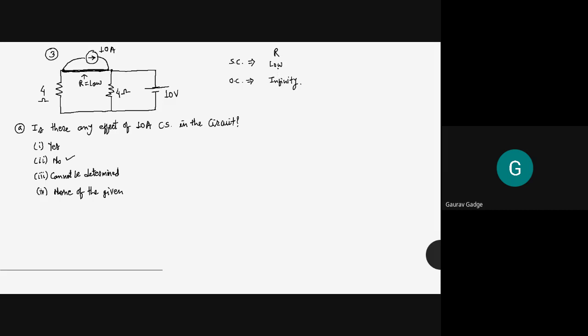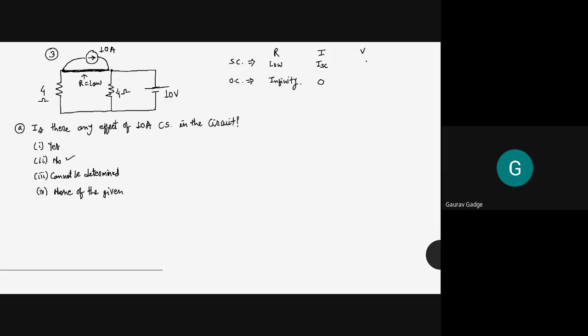I have already told you these fundamentals: if there is a short circuit path, then the resistance of that path is very low, and if an open circuit path is present, then it has infinite resistance. Since the resistance is very low, the current is called the short circuit current; under open circuit it is 0 ampere.